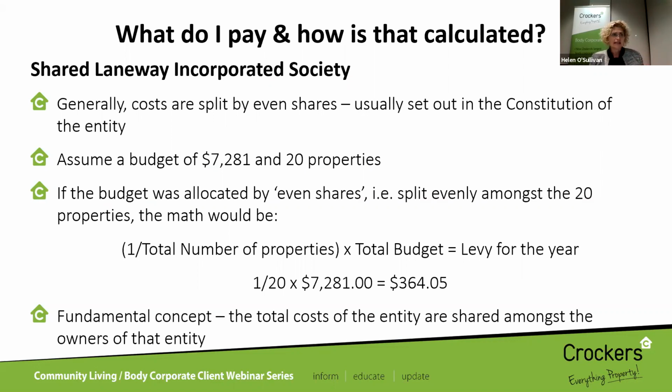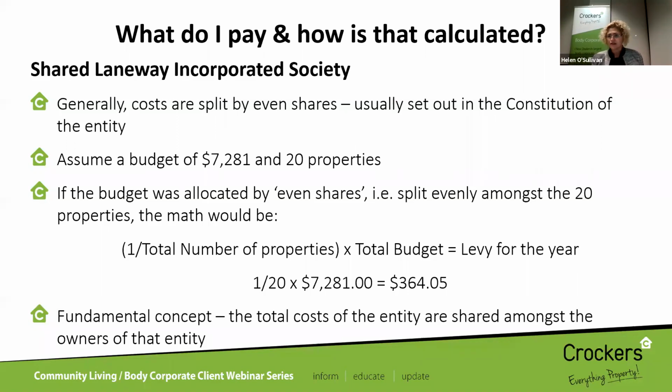But just as an example, if we had a budget of, say, $7,281, and we had 20 properties in the laneway, or 20 members in the society, the budget being allocated by even shares would be 1 divided by the total number of properties times the total budget, or 1 divided by 20 times the budget gives you each individual member and their levy for the year for the BC.